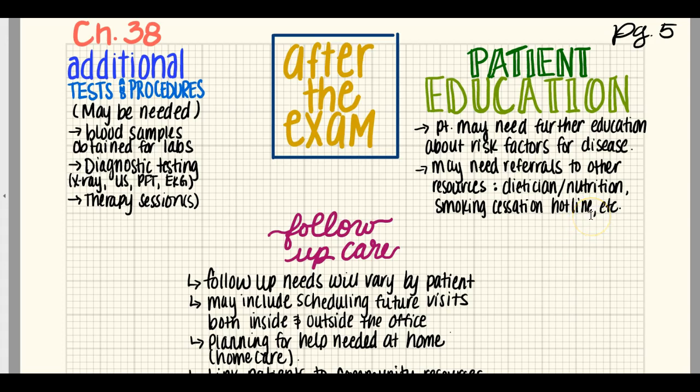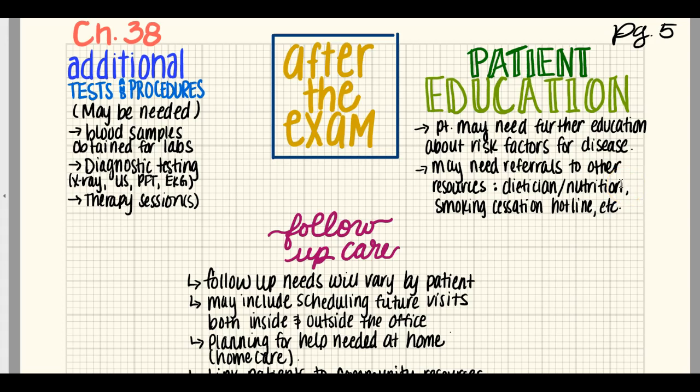Patient education. The patient may need further education about various risk factors for disease and how the behaviors that they currently possess may be increasing their risk factor for a disease, and or the genetic predispositions that they are currently subjected to may be a risk factor for disease as well.